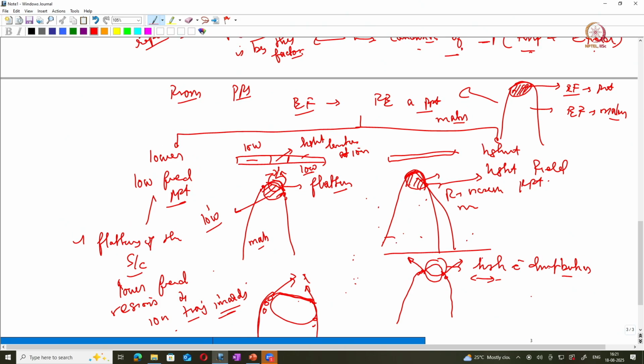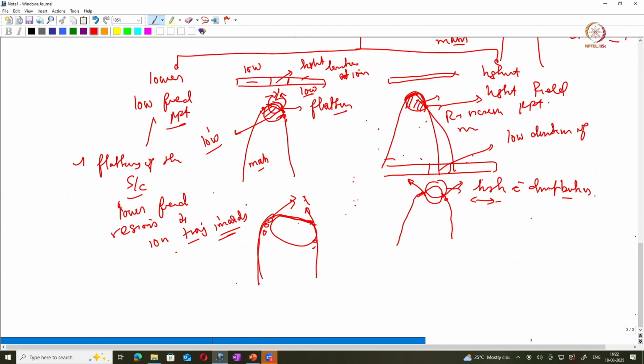So on the detector you will see a low density of ions, and you will see a high density away from that precipitate location. Okay, so this is the difference between the low field precipitate and the high field precipitate, and these conditions can also be regarded as trajectory aberrations.